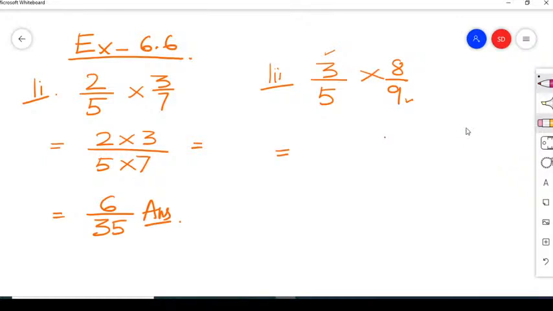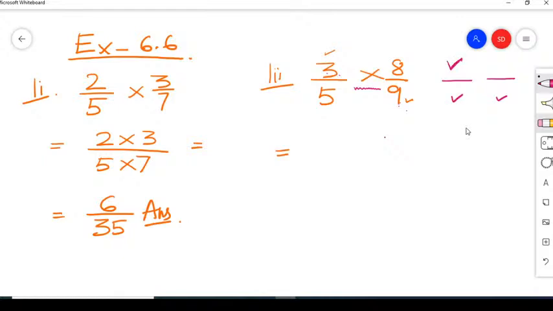Since the operation in between them is multiplication, you can cancel this way. When multiplication is concerned and there are two fractions, you can cancel this with this, and this with this also.